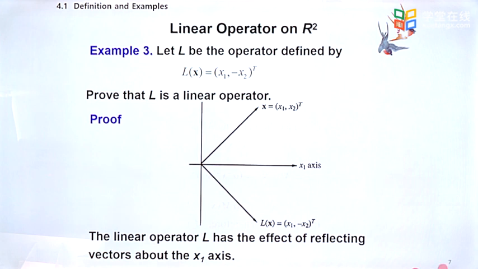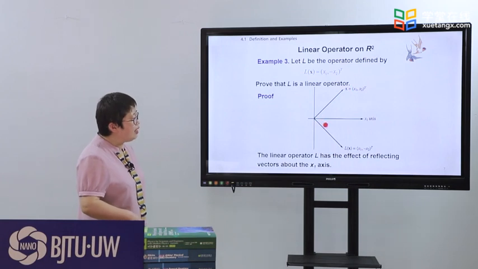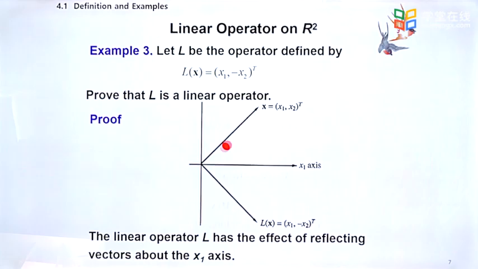From the figure, when x is here, you will find L(x) here. So L(x) is the reflection using the x1 axis. This linear operator L has the effect of reflecting vectors about the x1 axis.